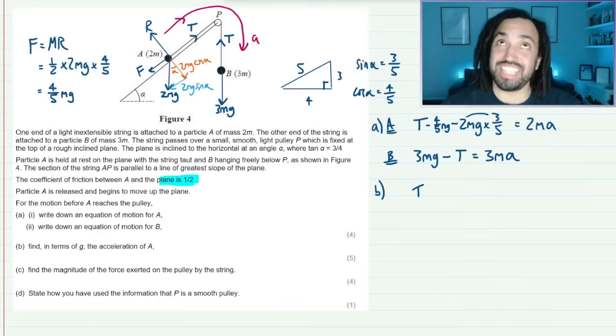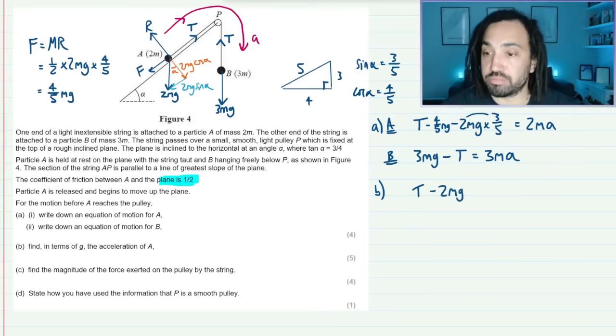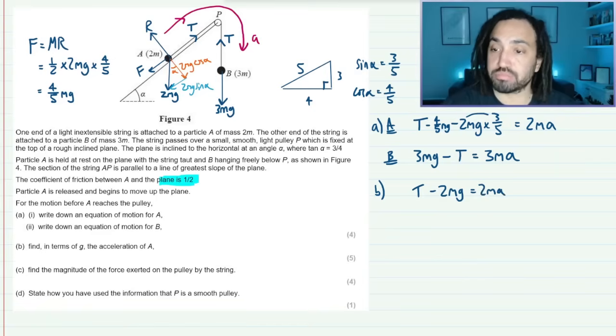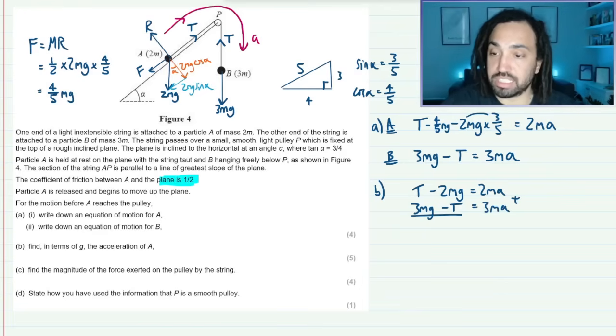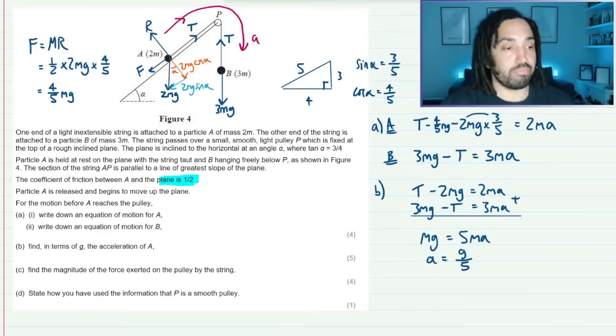So that gives me minus 10/5 mg, which is the same as just minus 2mg, and that equals 2ma. And then we've got the other equation of motion as well, and we're going to add these, and that's going to cancel out the tensions. So that gives me 3mg minus 2mg is just mg, and that's equal to 5ma. So dividing through, that gets me that a is equal to g/5. Perfect.